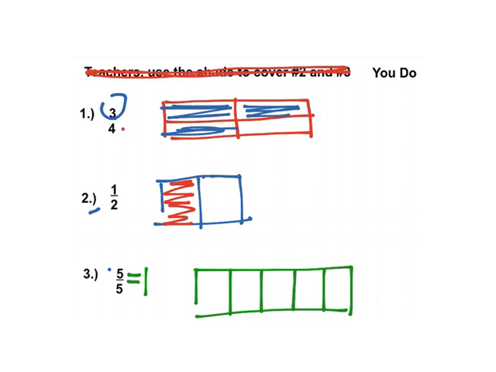My numerator tells me how many pieces are shaded in, and there's 5. So 1, 2, 3, 4, and 5. I have all 5 pieces shaded. So I have shaded the whole thing. I've shaded one whole.